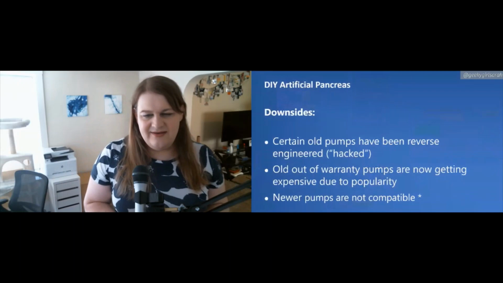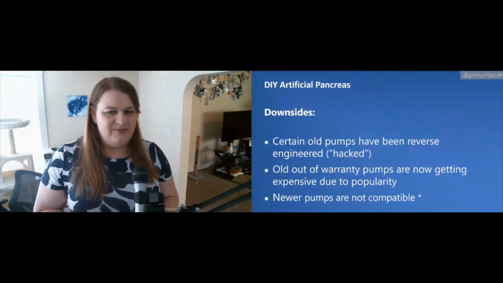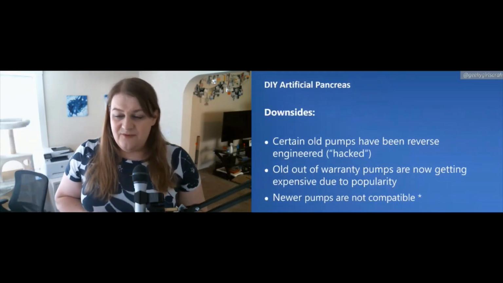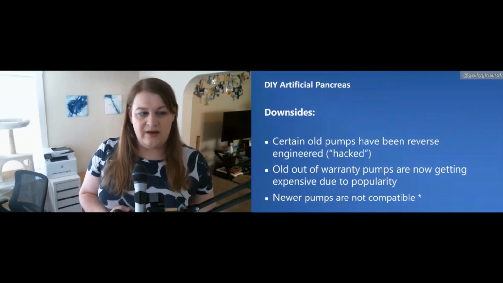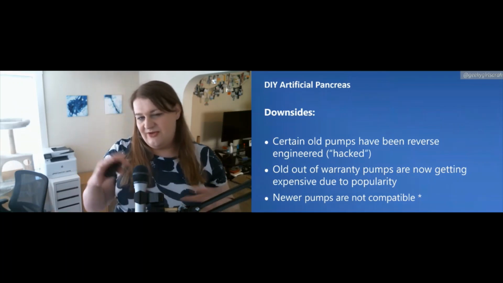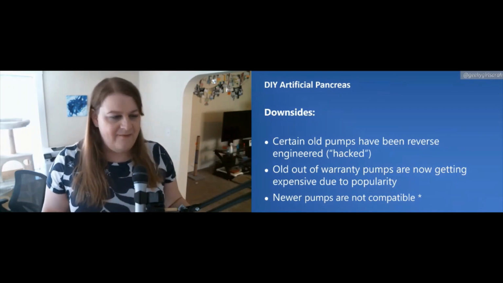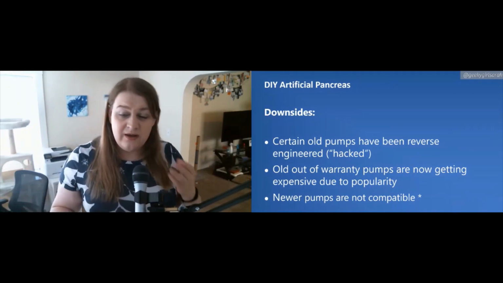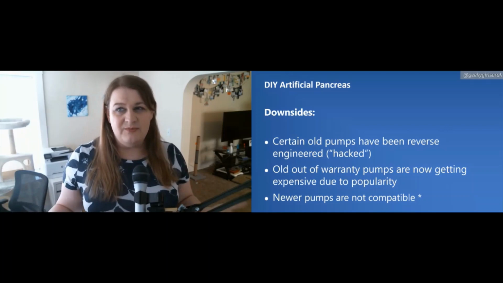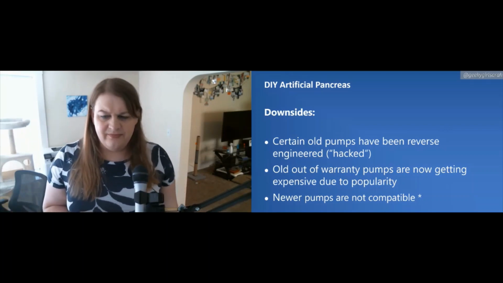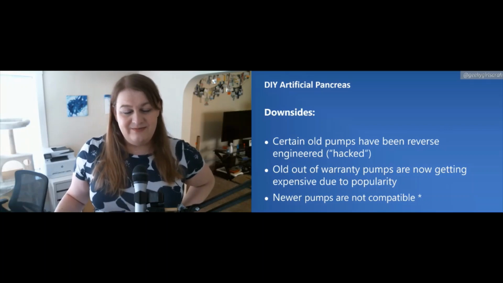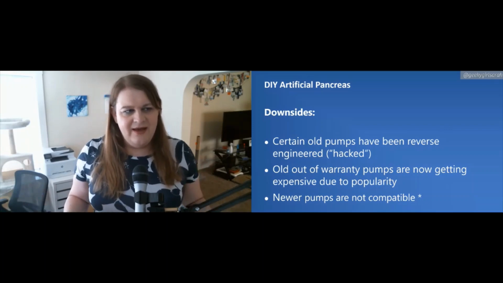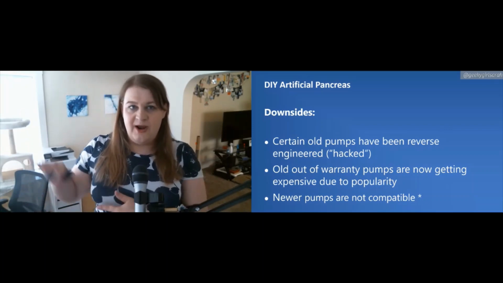There's a few downsides to any of these four systems I talk about. For a couple of them, it's only been old pumps that can work. Those are the ones that have been reverse engineered, hacked, if you will, to figure out how the protocols work. Some of the newer ones have encryption and people haven't quite broken them yet. Old and out of warranty pumps are now getting super expensive. How often can you hear 10-year-old technology is rising in price?